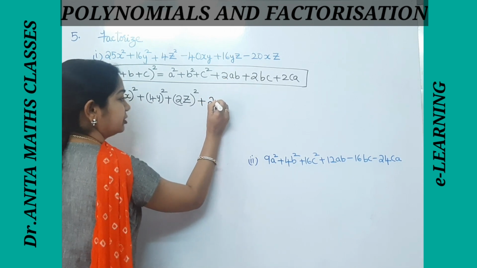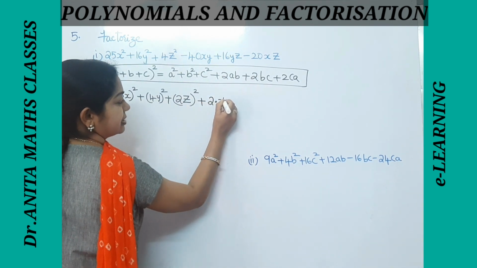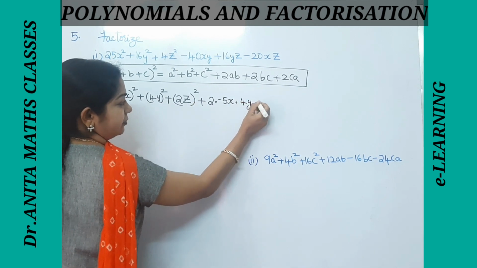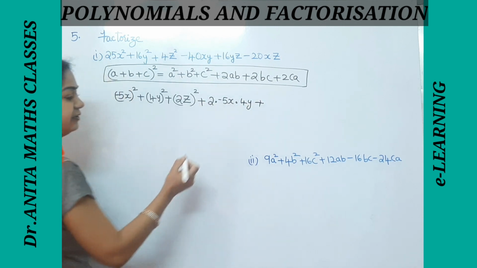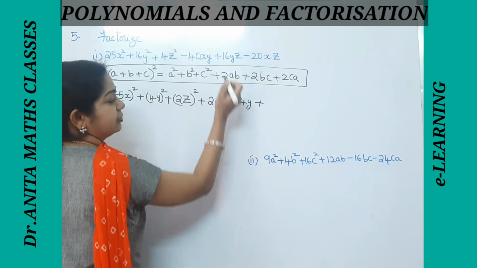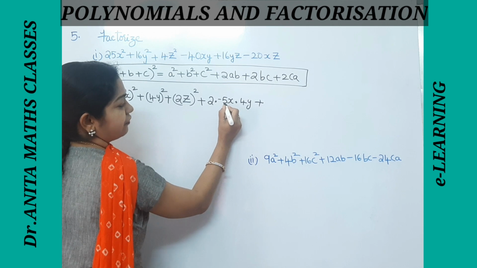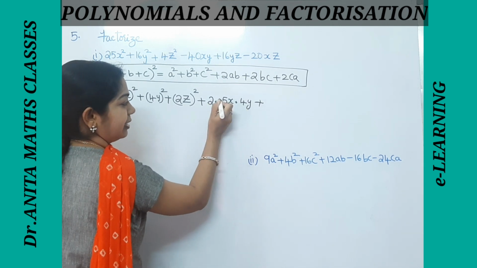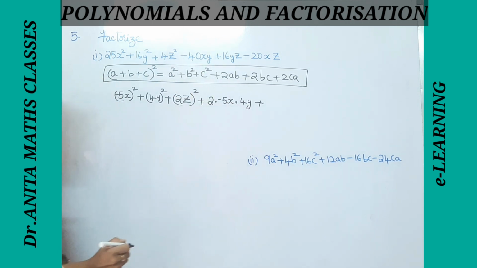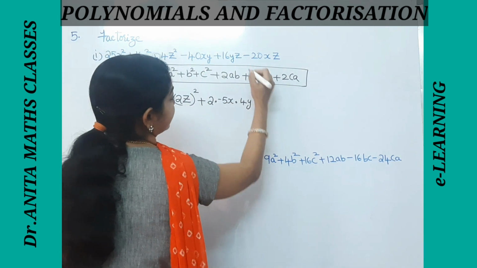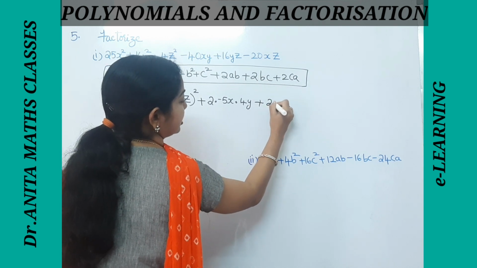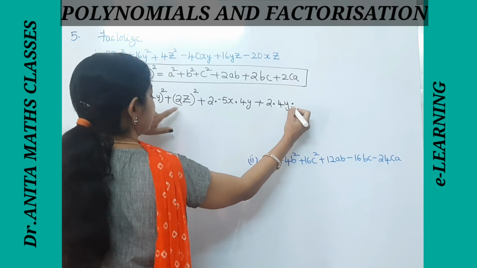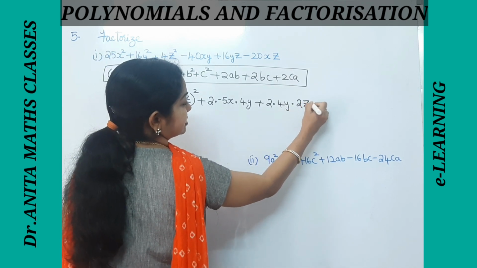Now here let us write plus 2ab. Let us check 2 into the value of a, which is minus 5x, and the value of b, which is 4y. So if you multiply, we will verify whether this is equal to the term which is given in the question. 5 4's 20, 2 2's 40, 40xy and minus. So minus 40xy. That is exactly correct. Now here 2bc, 2 into the b value 4y and the c value 2z.